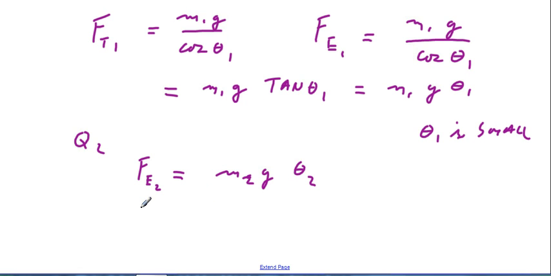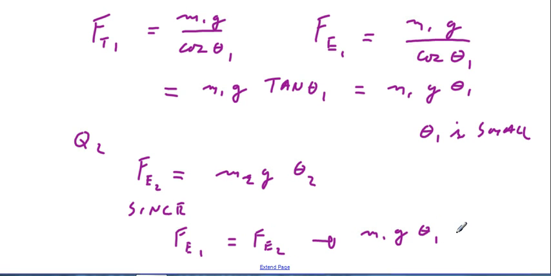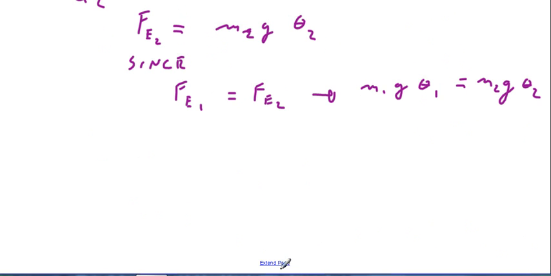And since the force due to the charges at 1 has to equal the force due to the charges at 2, that means that m1g theta 1 has to equal m2g theta 2. That implies that theta 1 over theta 2 is going to equal m2 over m1, which is going to be equal to 1.